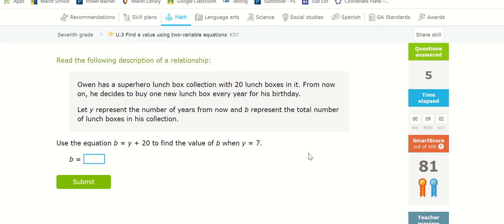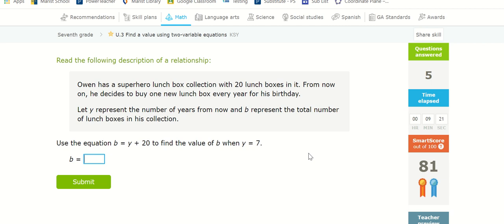All right, Owen has a superhero lunchbox collection with 20 lunchboxes in it. From now on, he decides to buy one new lunchbox every year for his birthday.